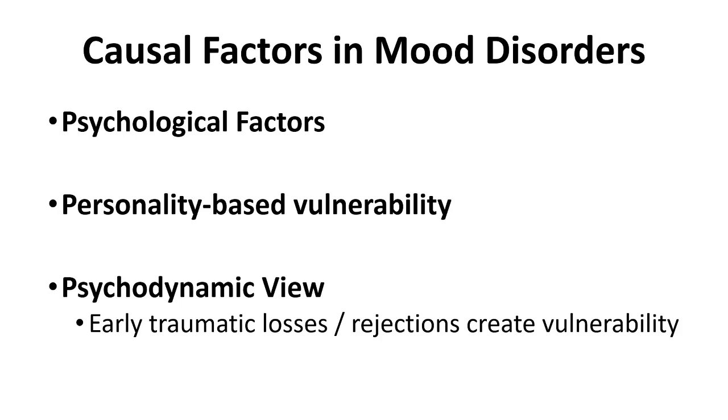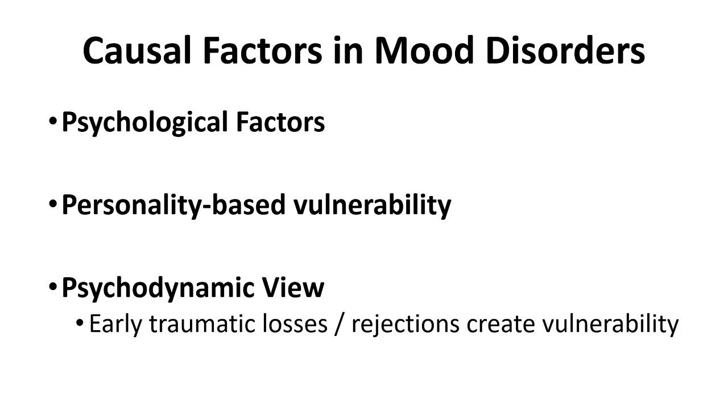If we want to look at psychological factors that might influence people into having mood disorders, if we fall under the category then of personality-based vulnerability, this is where we can start looking at sort of psychoanalysts like Freud and their psychodynamic view, where they would point at the fact that early traumatic losses are shaping who you are as a person, shaping your personality.